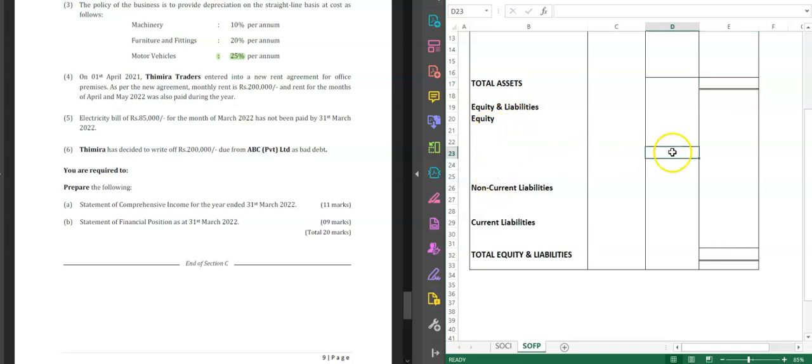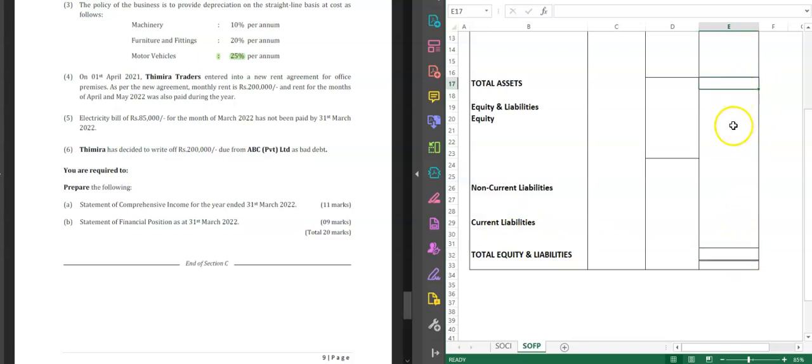After getting the total of the equity, you go to non-current liabilities and current liabilities, and after getting their totals, you add total equity plus non-current liabilities plus current liabilities and get the total equity and liabilities.